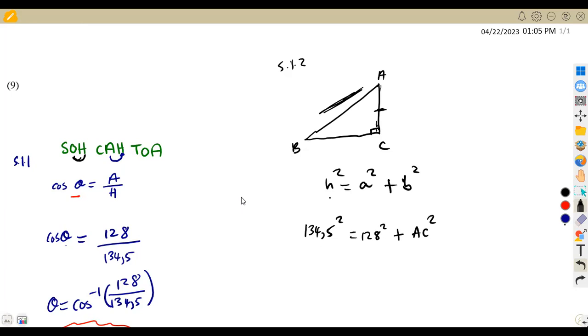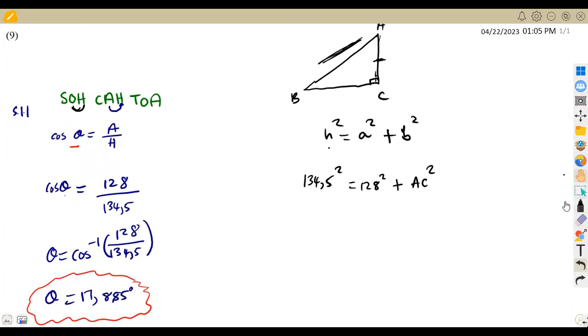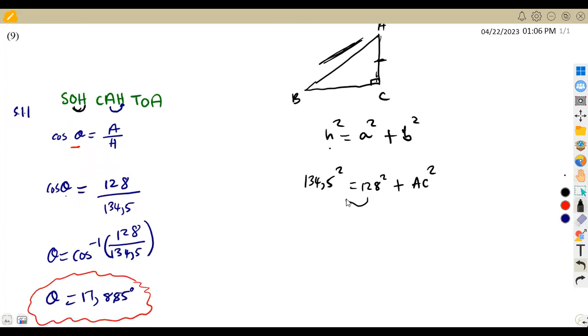So we can calculate AC from this information using our Pythagoras theorem. We can transpose and find AC. Transpose 128 squared to the left-hand side. This is going to be 134.5 squared minus 128 squared is equal to AC squared. To determine AC, we introduce the square root to get rid of the square.